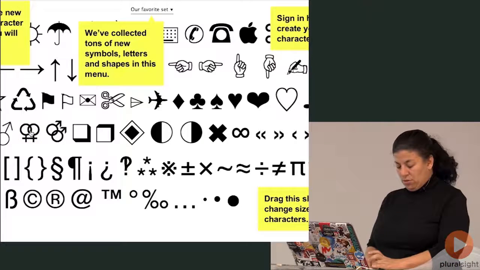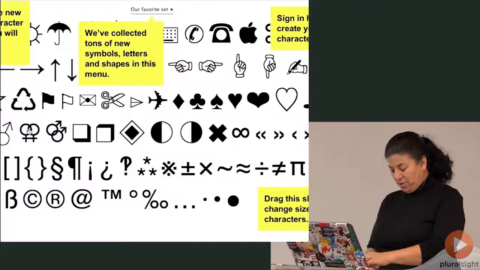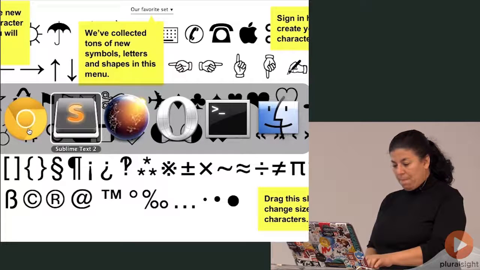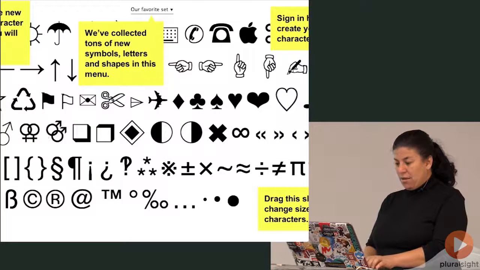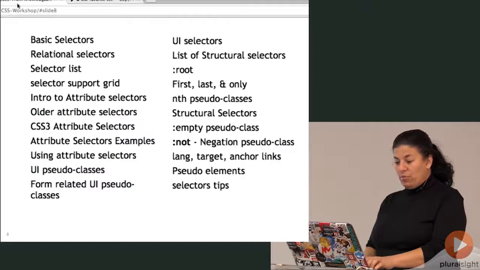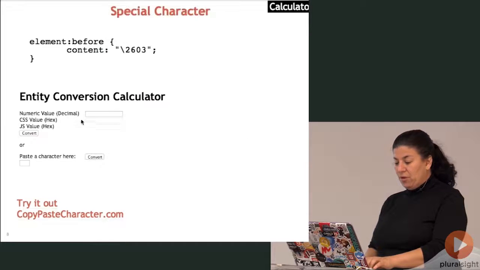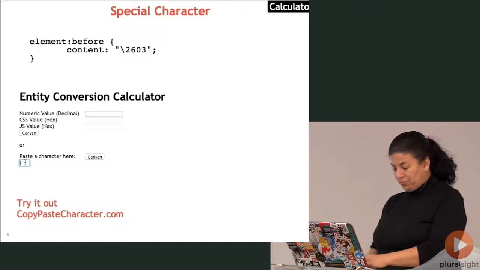So let's do the lesbian character, because that one's new, and I never saw it before. Control C. And we go here. Apparently, this does not open a new window, which it should have. There we go. So if I put that in here, I convert it.